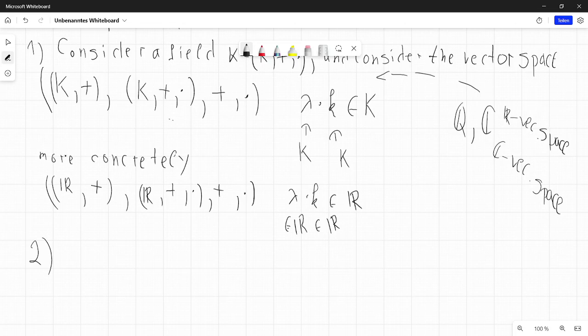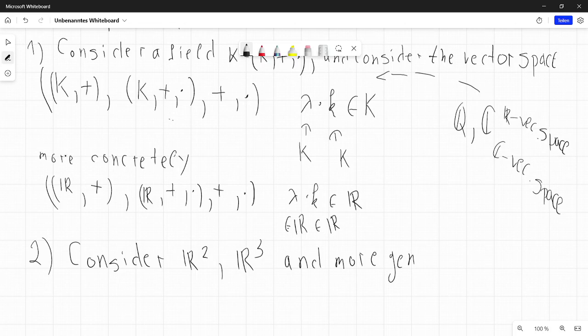Well, let's take something more familiar. Consider R2, R3, and more generally Rn, for n bigger or equal to 2.